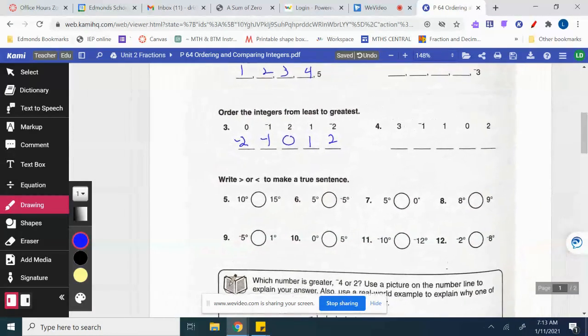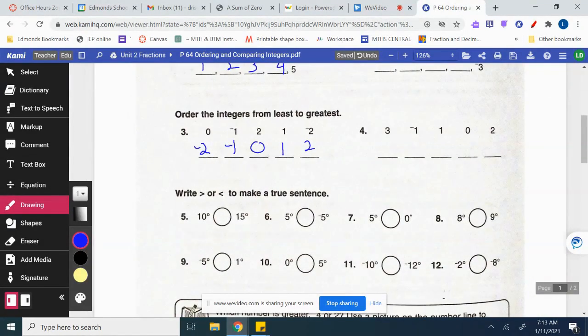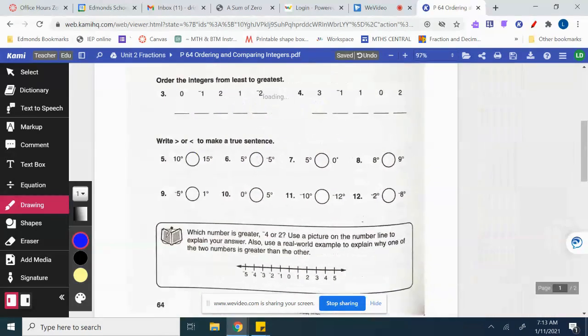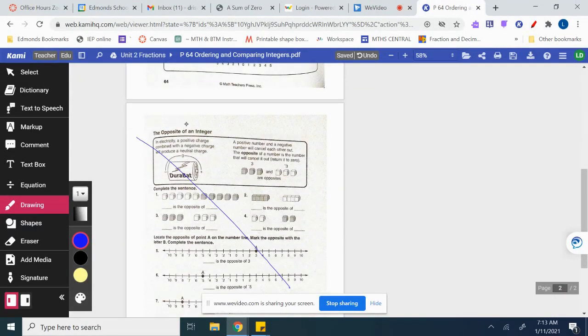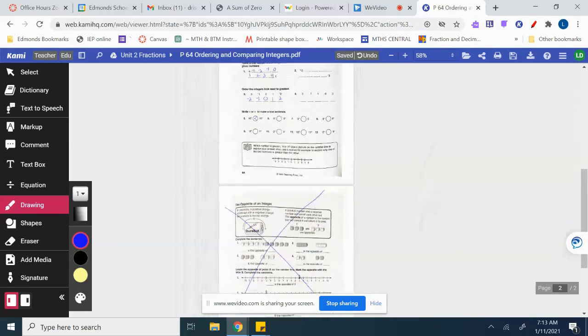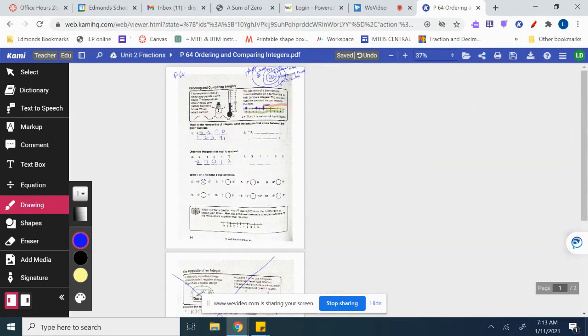So the rest of these, you're going to be saying, which one's bigger? If it's 10 degrees outside or if it's 15 degrees outside, 15 degrees is going to be bigger, or we could say the word warmer. So go ahead and give this a try. Don't do this page. This is tomorrow's work. Come see me if you need help.